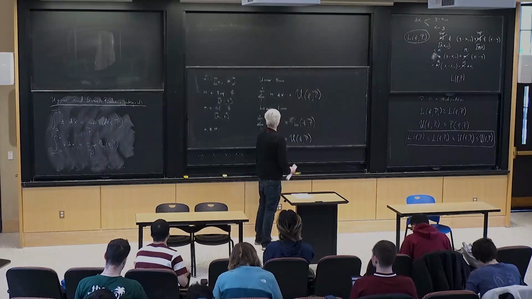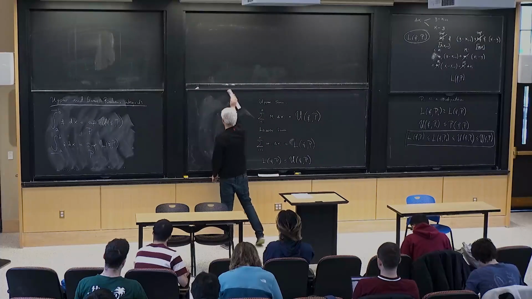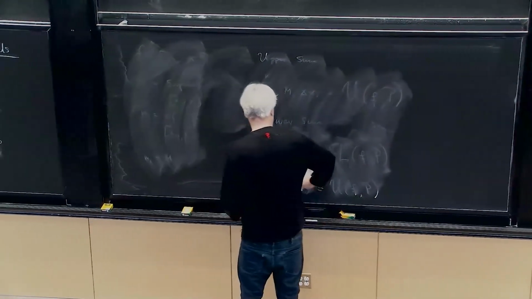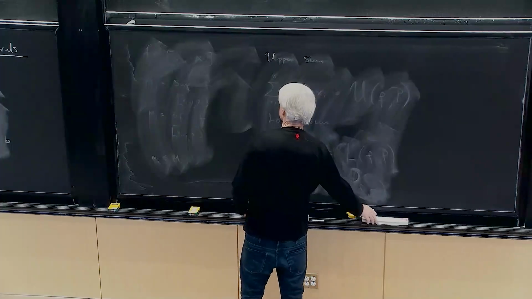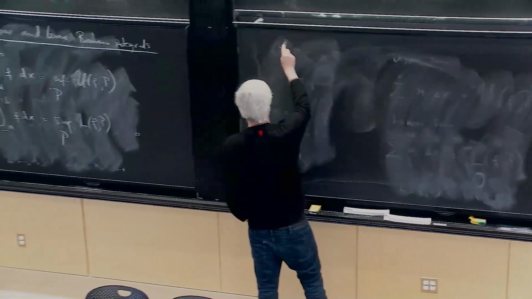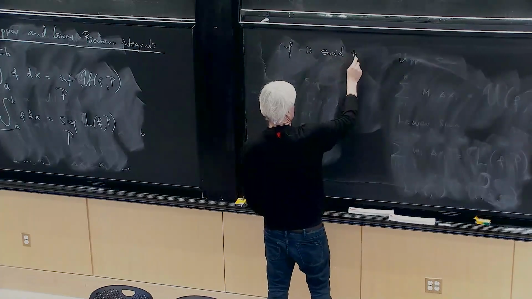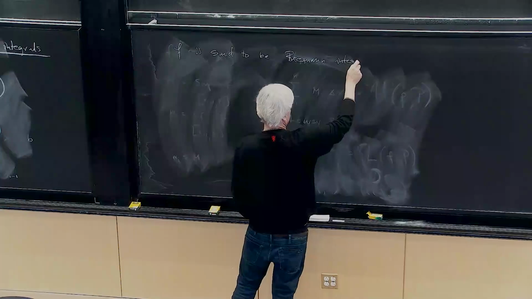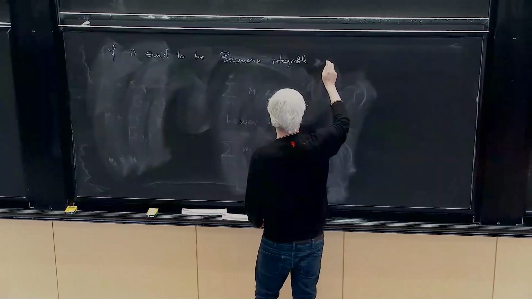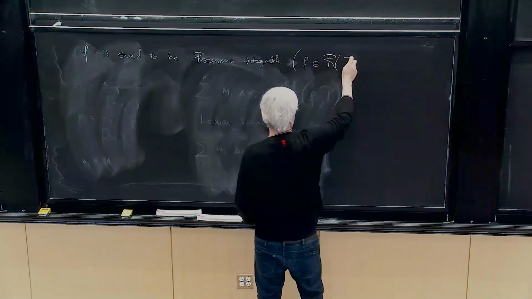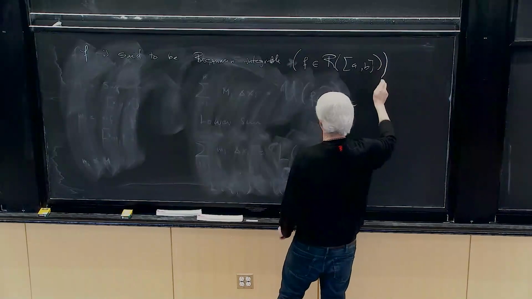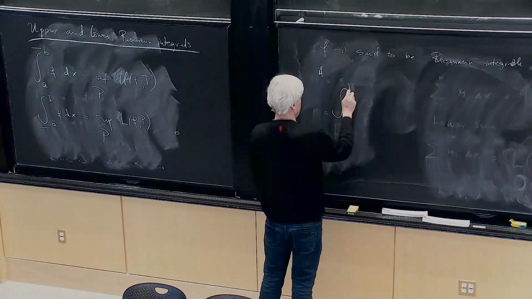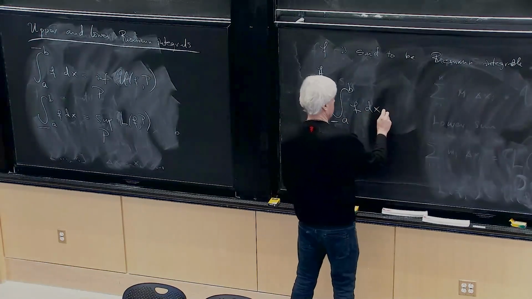And now we say that this bounded function f is Riemann integrable, and we write that f is in this class, if the following is the case: if this lower integral is equal to the upper integral.